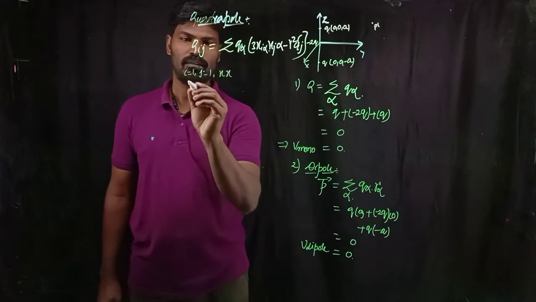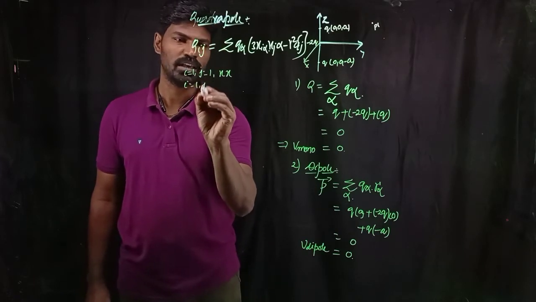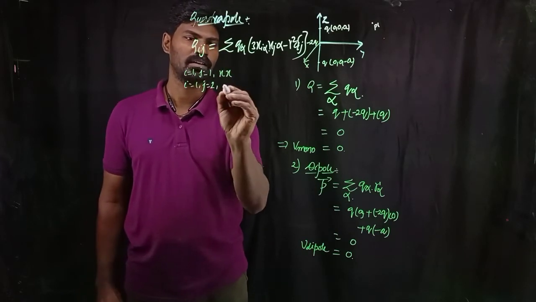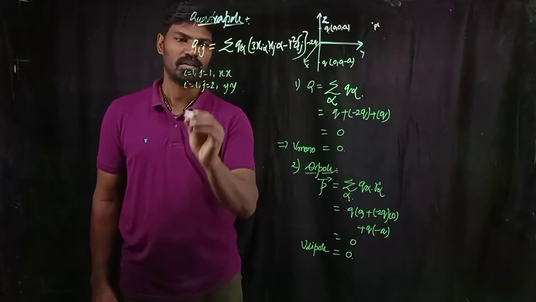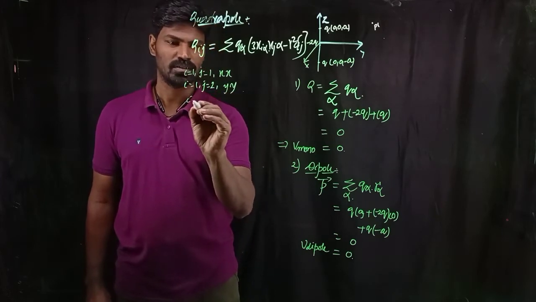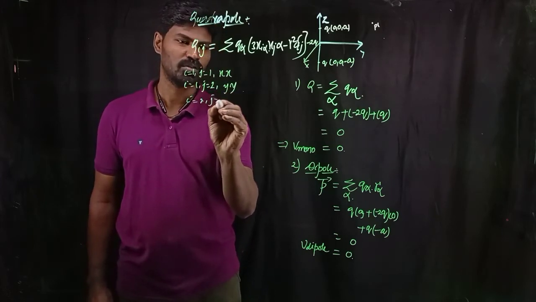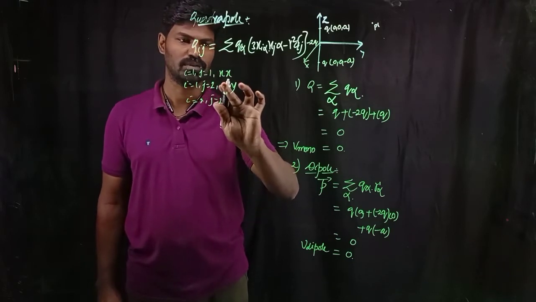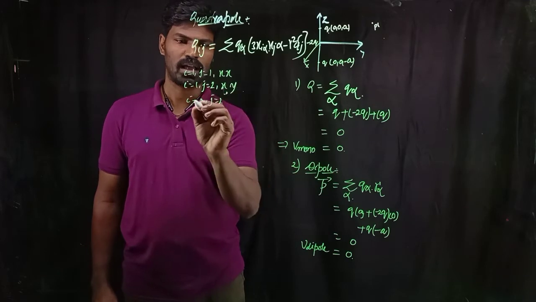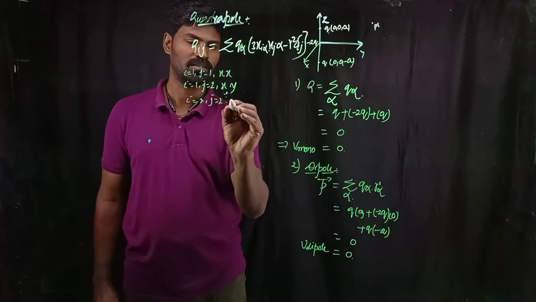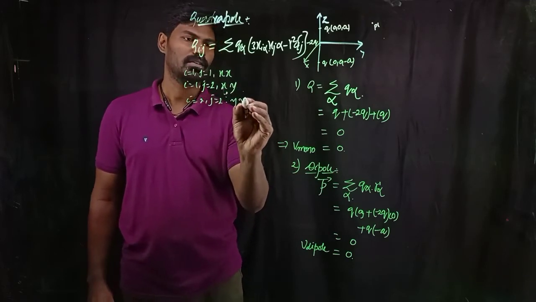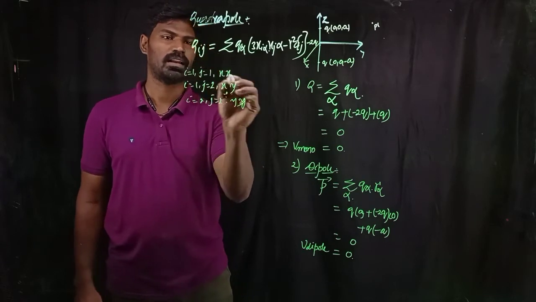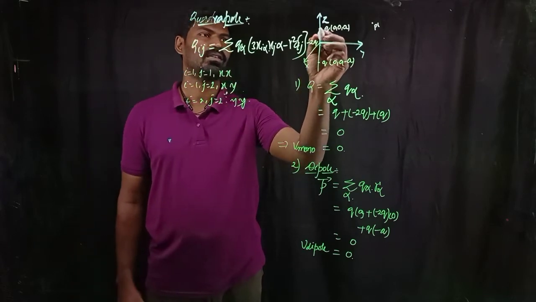When i is equal to 1 and j is equal to 2, it represents the xy term. When i is equal to j is equal to 2, it represents the yy term. So these i and j run over the coordinates of the charge.